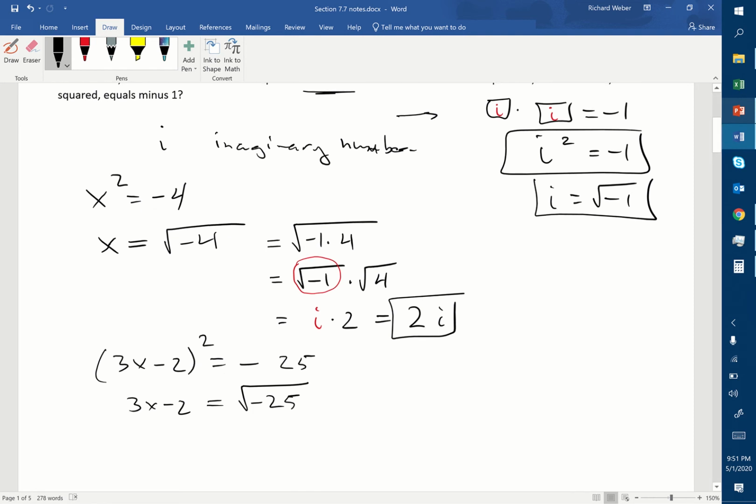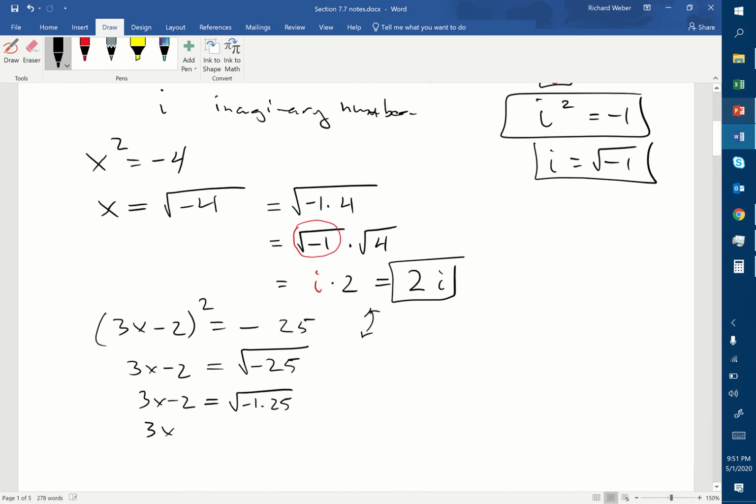Watch what happens now. So we've got 3x minus 2 is equal to, we're going to do the same thing here, square root of negative 1 times 25. I might skip a step here and say, you know what we have? 5i. You okay with that?